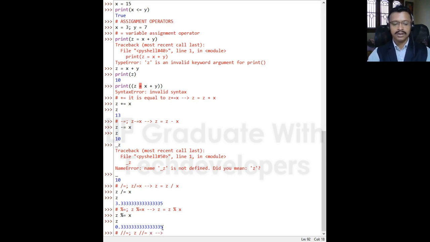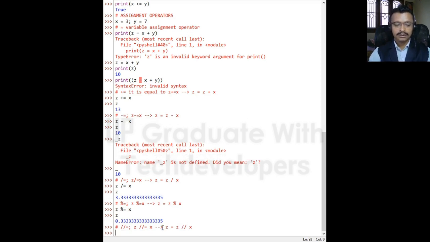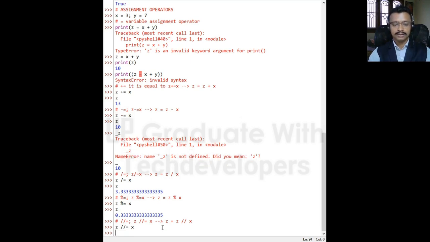So this is equivalent to g = g // x. g is equal to g floor division x. So here the floor division for g is nothing but 0.333.